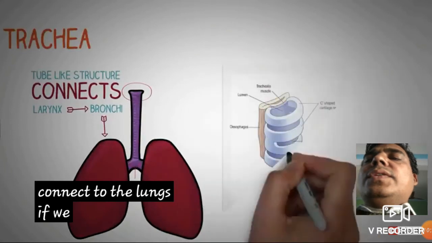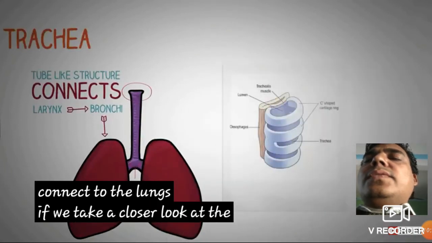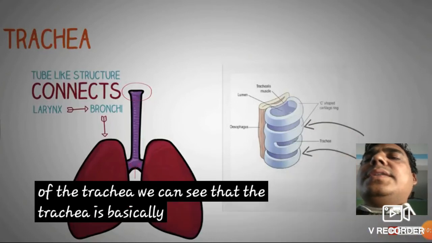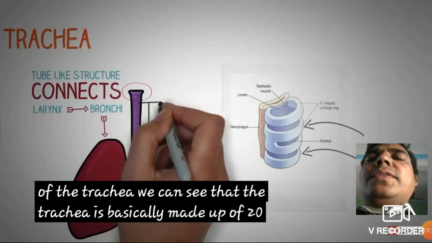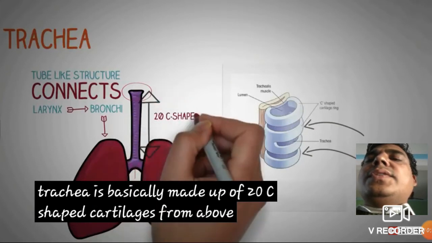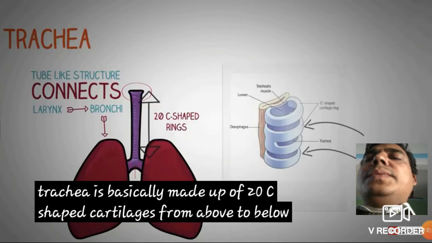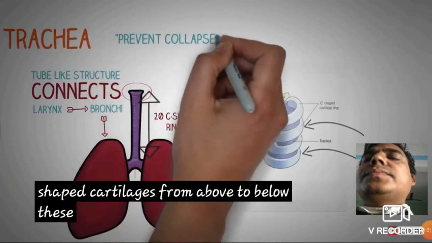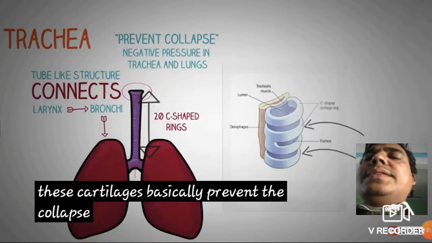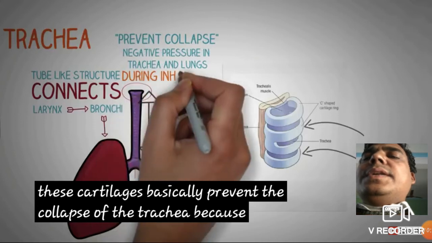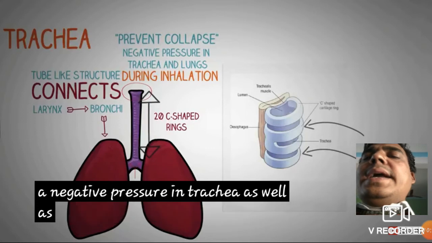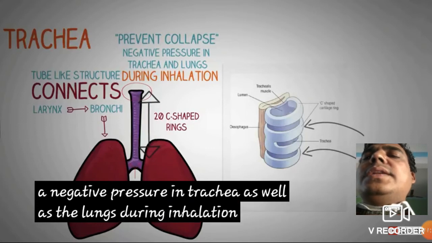If we take a closer look at the section of trachea, we can see that the trachea is basically made up of 20 C-shaped cartilages from above to below. These cartilages basically prevent the collapse of the trachea because there is a negative pressure in the trachea as well as the larynx during inhalation.